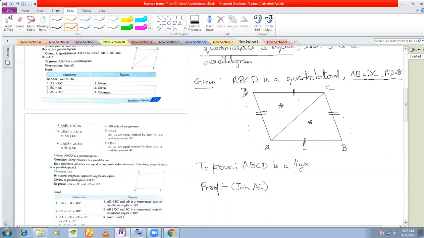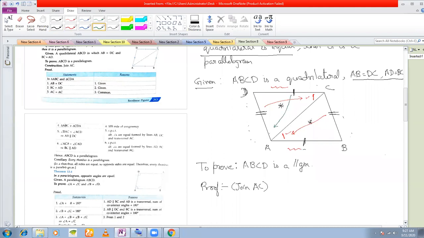Now what you see here is that this angle is opposite to this side. So it must be equal. These two sides are equal. Therefore, these two angles must be equal. But you see that these two angles are alternate angles. Therefore, this side must be parallel to this side. Also, you see that these two sides are equal.